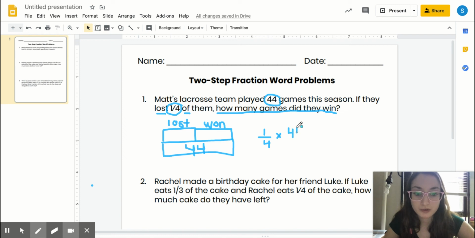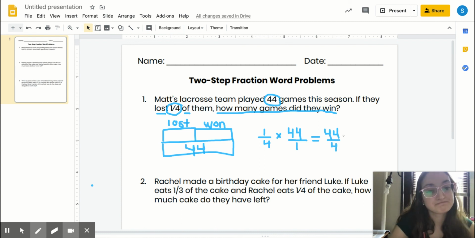And when we work with fractions and we have a whole number, remember we can just put our whole number over 1 so that it's easier to multiply right across my numerators and right across my denominators. So 1 times 44 is 44. And 4 times 1 is just 4. Okay, now can I reduce this fraction?